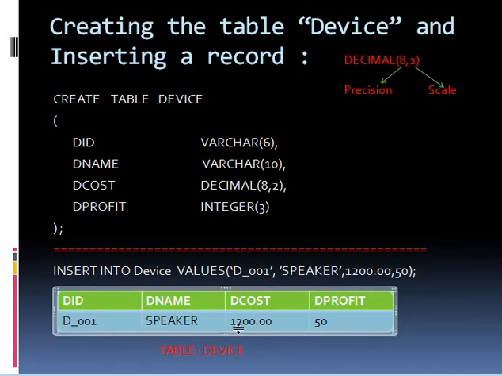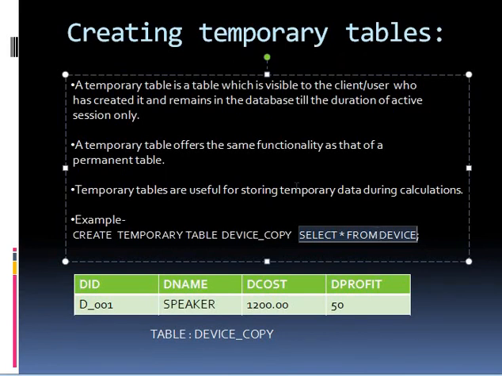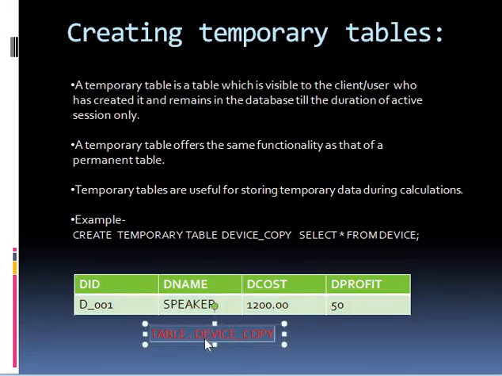As of now, our permanent table device consists of only this record. So this particular record shall be copied from our permanent table device into our temporary table device_copy. That's the reason you see the same record which was in the permanent table in this temporary table known as device_copy.